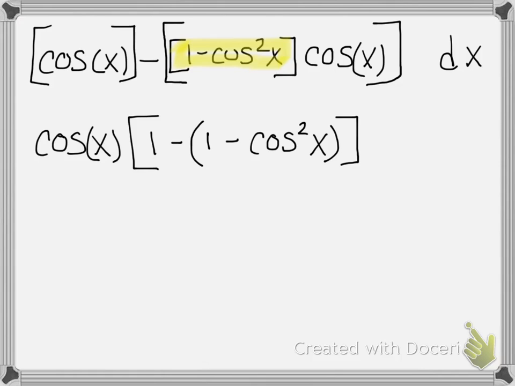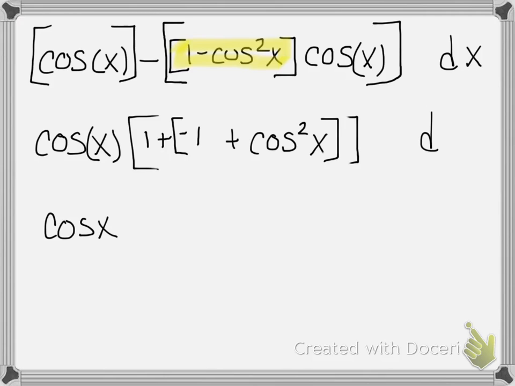And on the inside, you can go ahead and change those signs. So that's going to be plus negative 1 plus cosine squared. And as you can see, these two are just going to cancel each other out. I'll just rewrite it here. We had 1 plus negative 1, and that's just because we changed the sign. So that's going to leave us with cosine x.